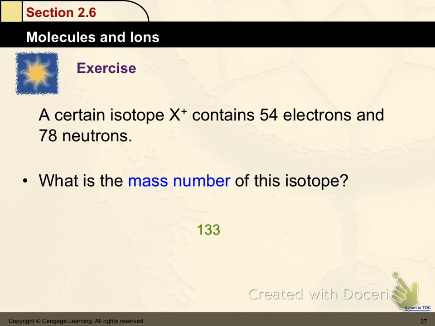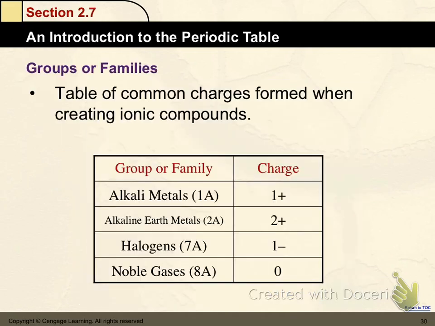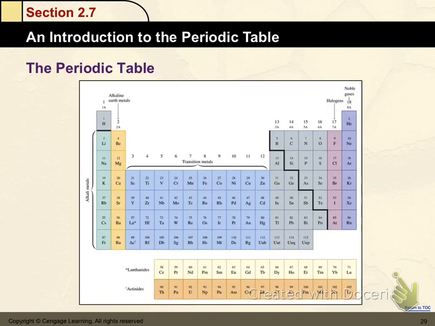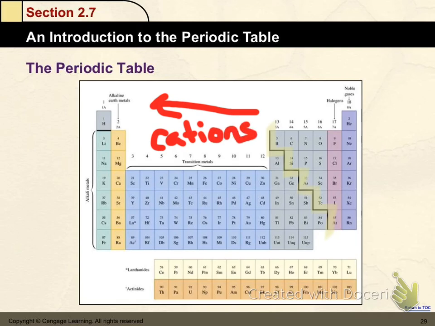All right, so we can use the periodic table to predict where we're going to find anions and cations. Cations are located on the left side of the table, divided by this little black line. You probably remember this from last year. Everything on that side of the line tends to form positive ions, or cations, so they want to lose electrons.